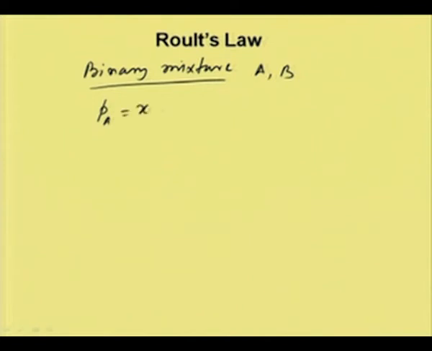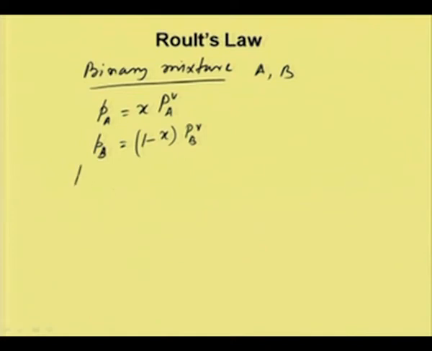So, consider a binary mixture of A and B. We can write the partial pressure PA is equal to x into PAV, and PB, the partial pressure of B, we can write as 1 minus x into PBV.